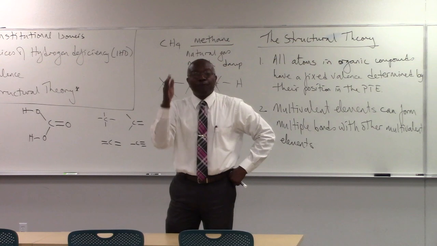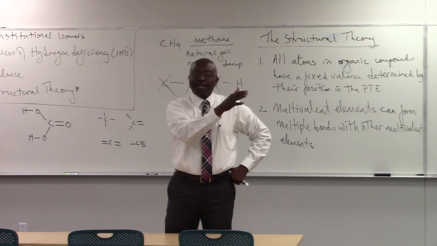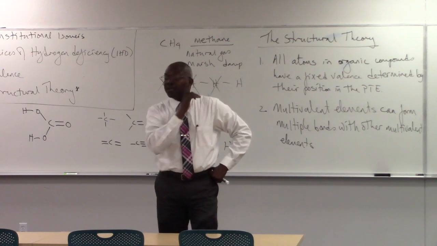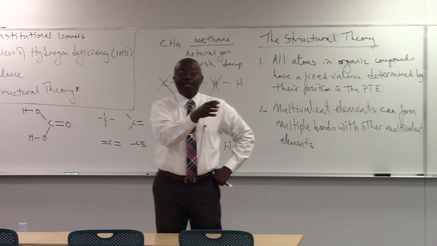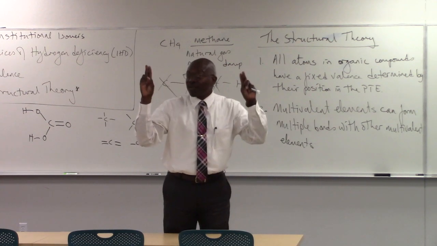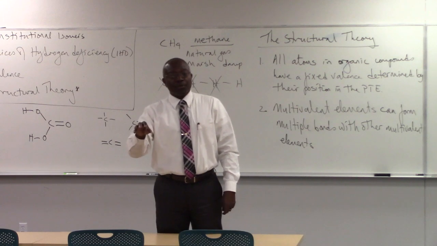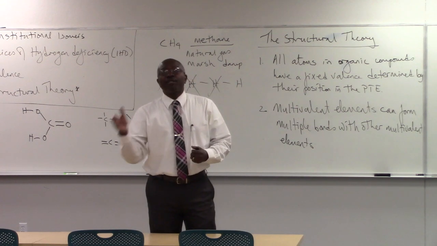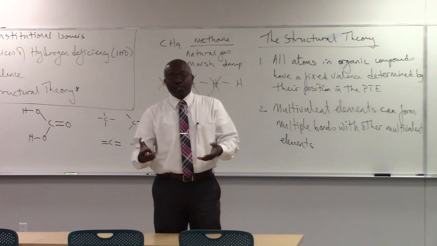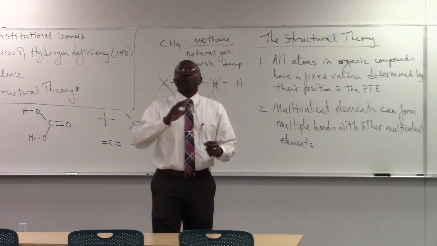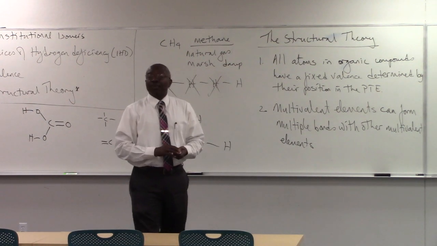If I'm in groups 4 to 8, well, 8 is the noble gases, so they don't really bond. If I'm in groups 4 to 7, my valence is 8, octet 8, minus the group number. Now, if I'm in groups 1 to 3, my valence is the group number, because those are the number of electrons I will lose to get a noble gas configuration.